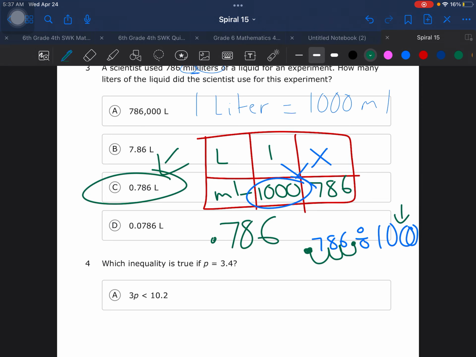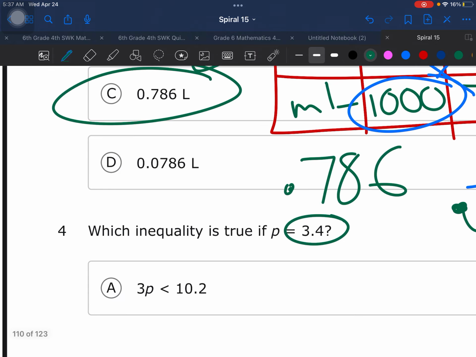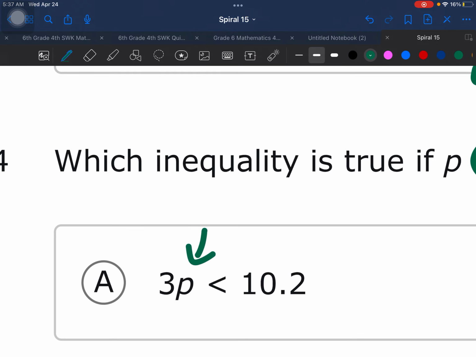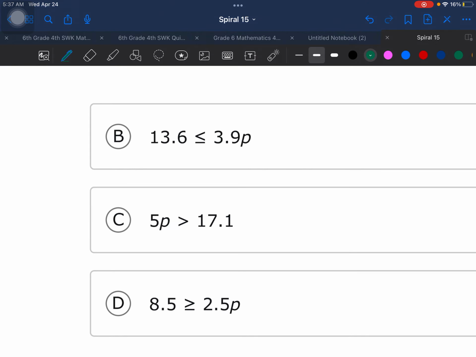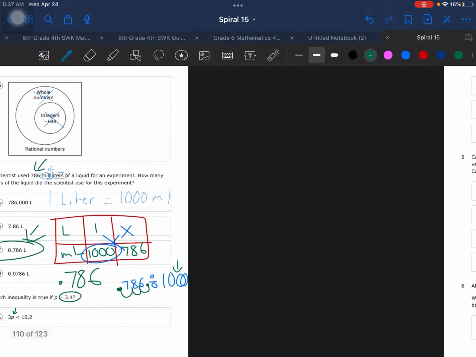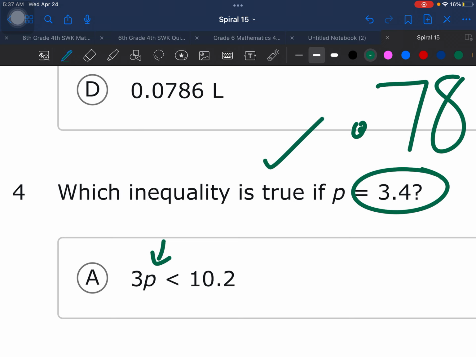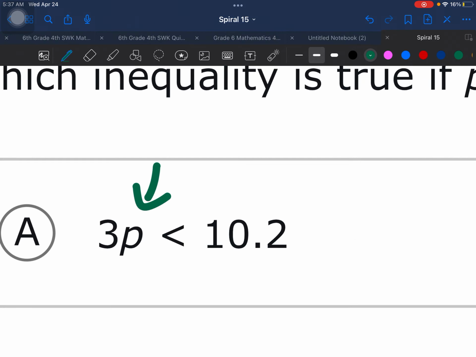Now, 3.4. What we're going to do for number 4, chicos, is we're going to plug in this 3.4 on every single P. So we multiply the P, and whatever is true, that's my answer. So when you multiply 3.4 times 3, chicos, you would get exactly 10.2.